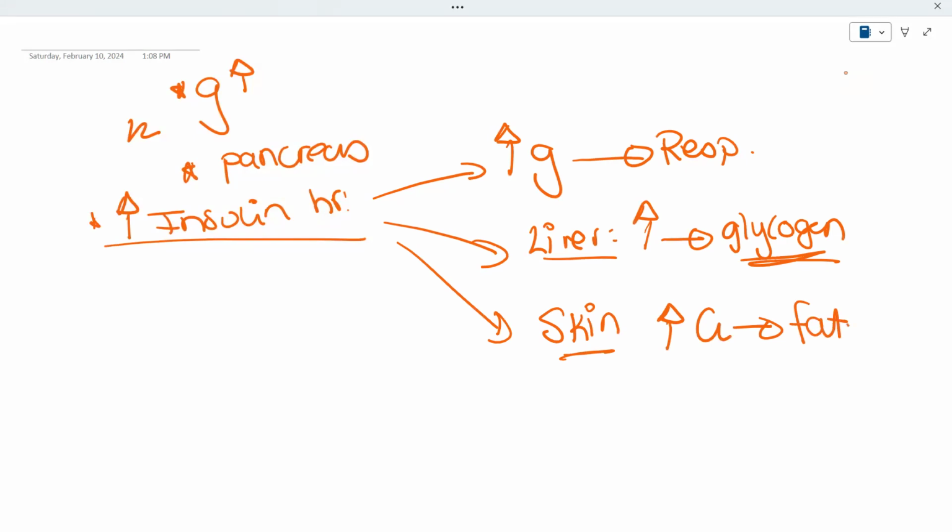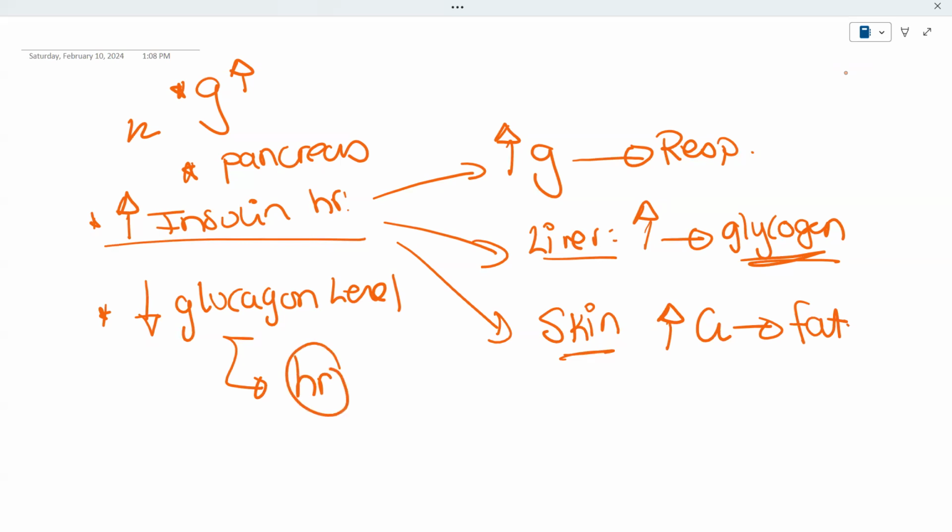Now, something else the insulin will do. The insulin is going to lower the glucagon levels. What is the glucagon? The glucagon is another hormone that does the opposite of insulin. Its function is to increase the glucose levels.